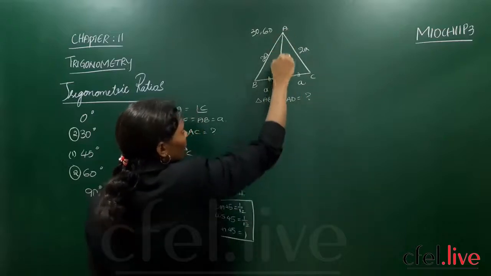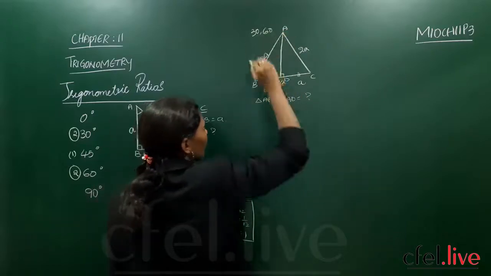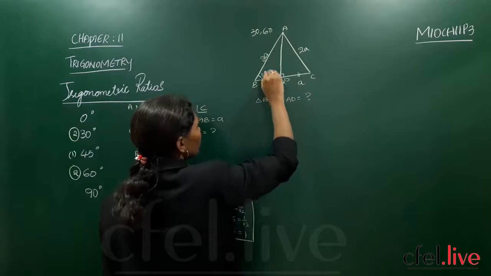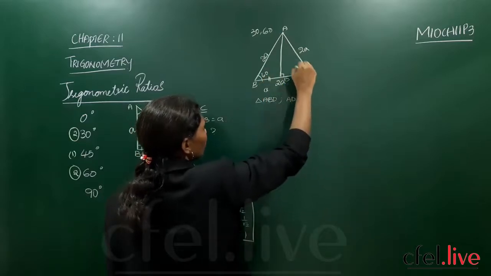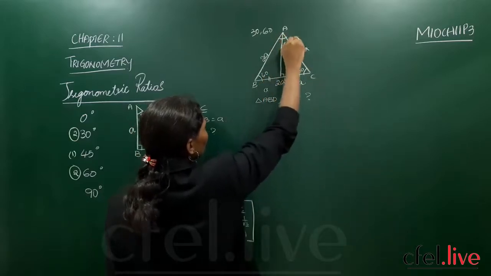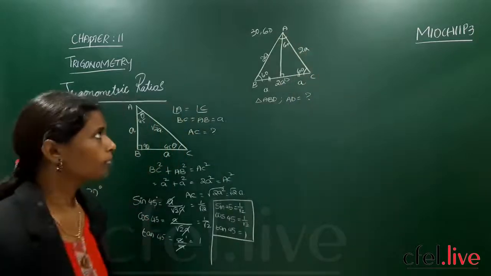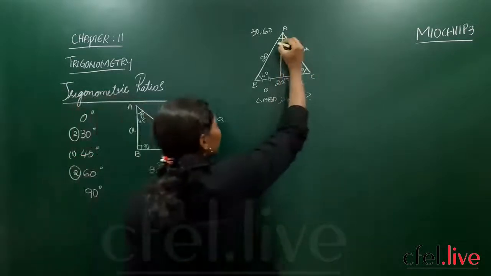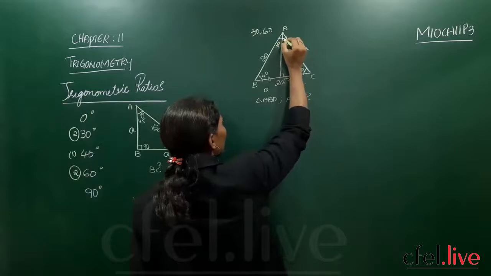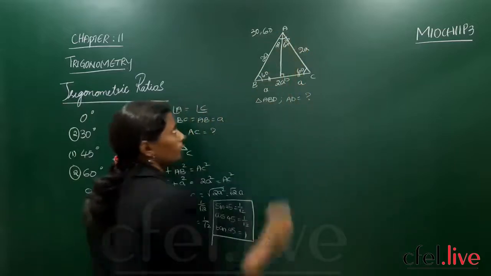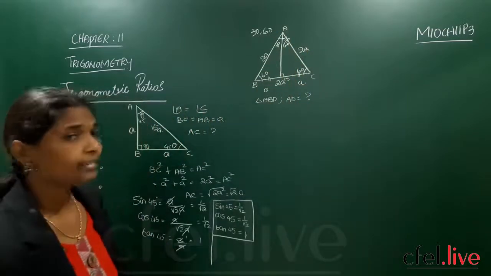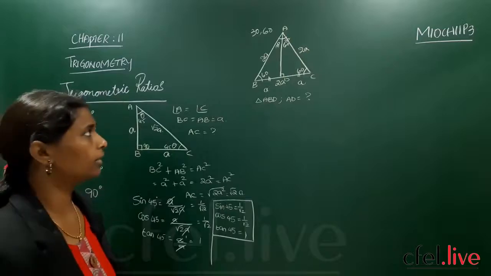Is it not looking like a right angle triangle? And remember, this is 60 degrees, this is 60 degrees, this is also 60 degrees. Equilateral triangle is 60. Now this is an angle bisector, so this will be 30 and this angle also 30. Exactly, half of 60 is 30 and 30.